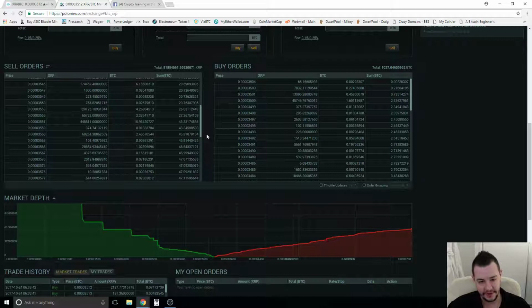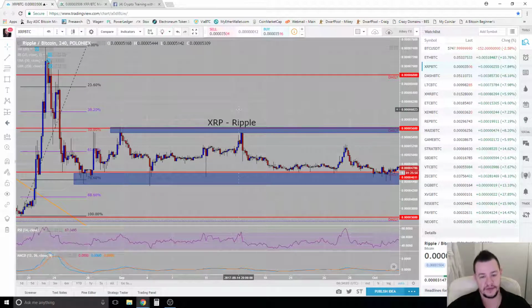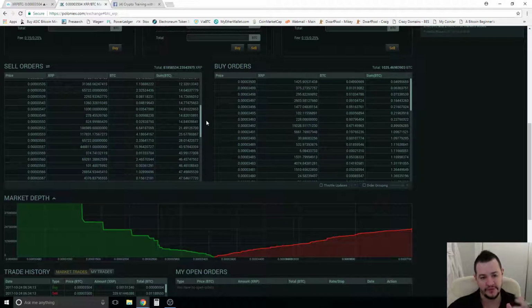Don't just use the market depth indicator, or just support and resistance, or just this supply and demand zone thing. You need to combine them together to find out which is going to be the best opportunity for price to get to that point. So you want to combine all of your knowledge, all the learning that you've been doing, to give you the best opportunity.